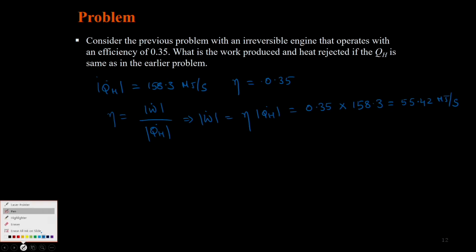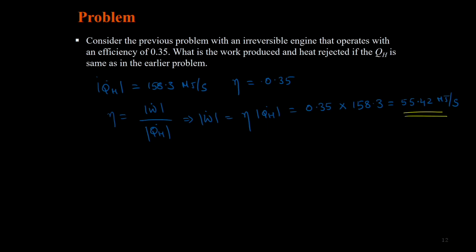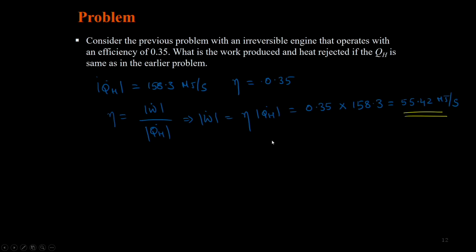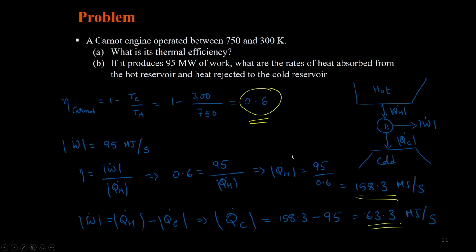Now notice what happened to the work done. The process is irreversible and the work done is only 55.42 megajoules per second. Earlier, for the same amount of heat absorbed from the hot reservoir, we produced a work equal to 95 megawatts.